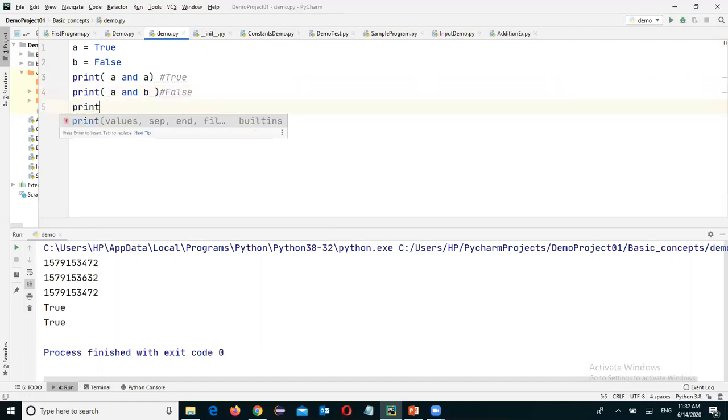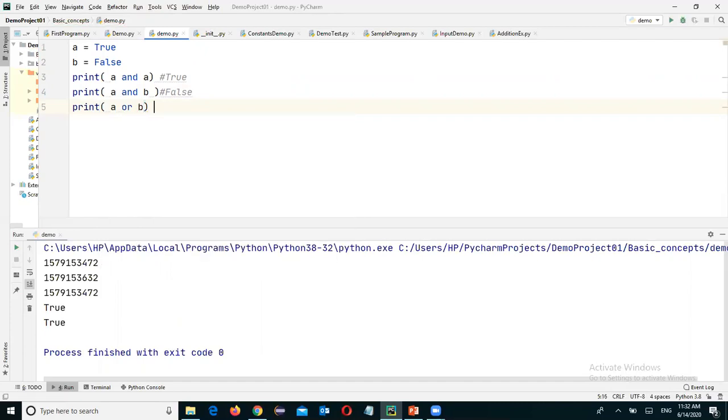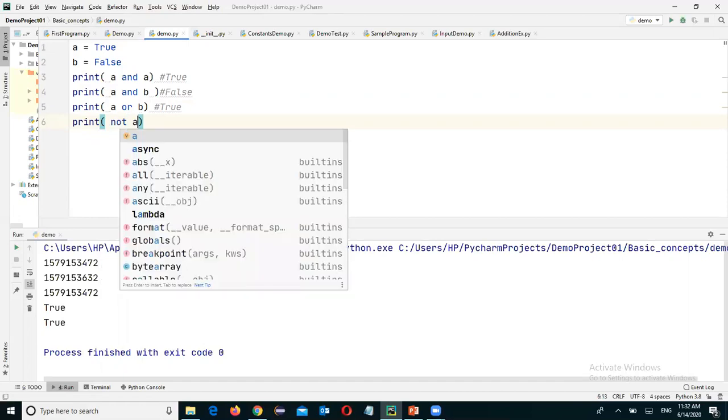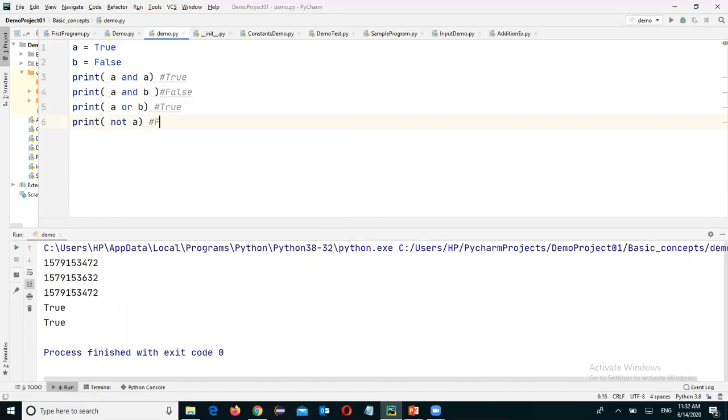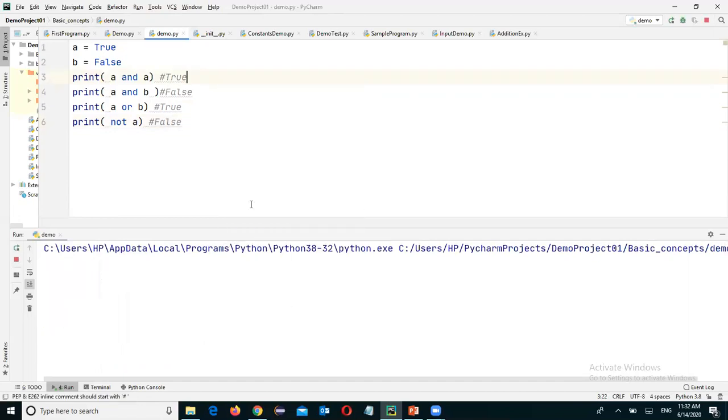Now if I go for print A or B, any one is true, it returns true for us. Print not A. Yes, like this, the values we got here.